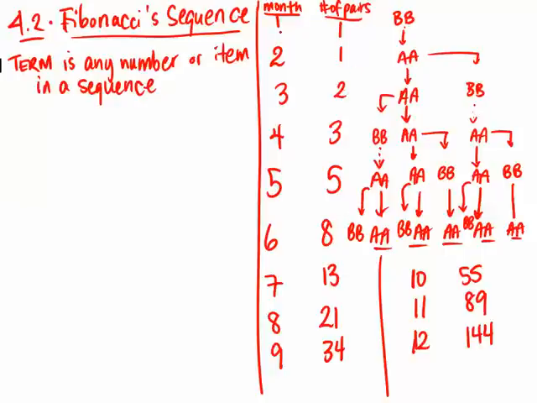The term that we are looking at that defines what category we're looking at is called the term number. And the term number is our independent variable. We decide what month we're going to be looking at. So in this case, our term number is what term are we on?